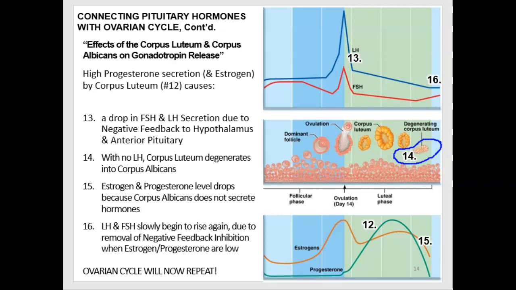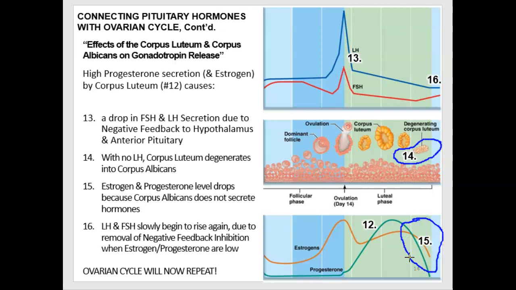It doesn't make any hormones. So we don't have the corpus luteum making progesterone, and we're not developing follicles that make estrogen. So in response, what you see is a drop in both estrogen and progesterone levels.